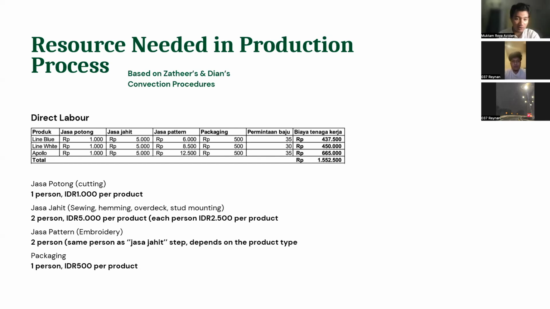For the line blue it is around 6,000 per two persons, line white is 8.5 thousand per two persons, and Apollo is 12.5 thousand per two persons. And the last one is packaging, with only one person with a salary of around 500 rupiah per product.